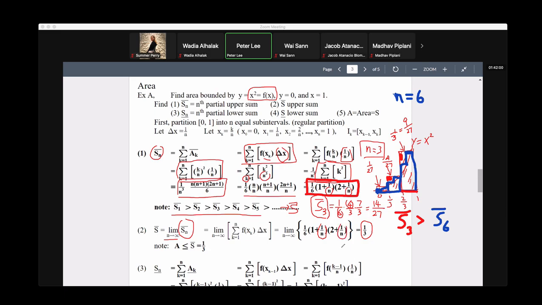So now, when you compare our area to our upper sum, which one is bigger? Is the upper sum bigger or is the area bigger? Compare our area under the curve versus the upper sum.